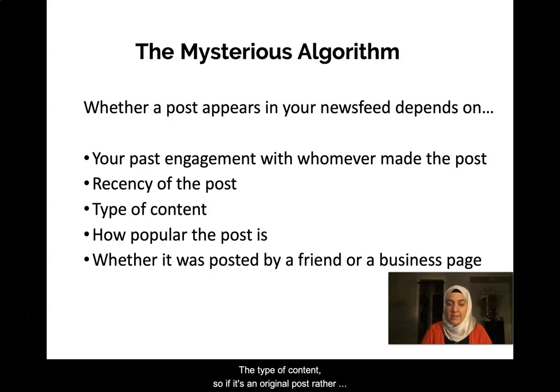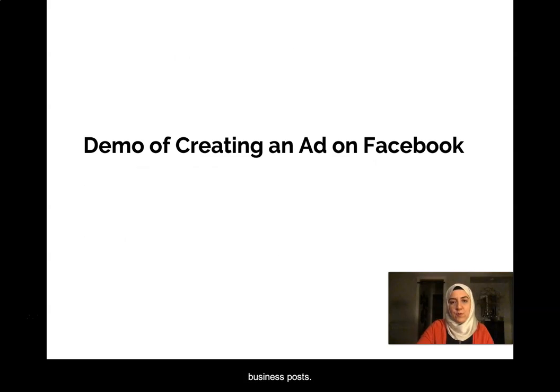So if it's an original post rather than a shared post, that's better. If it's video, that's better than images, and images are better than text. And then how popular the post is. The more people engage with it, the more people it shows up for. And whether it was posted from a personal account or a business account is key. Facebook really handicaps business posts.